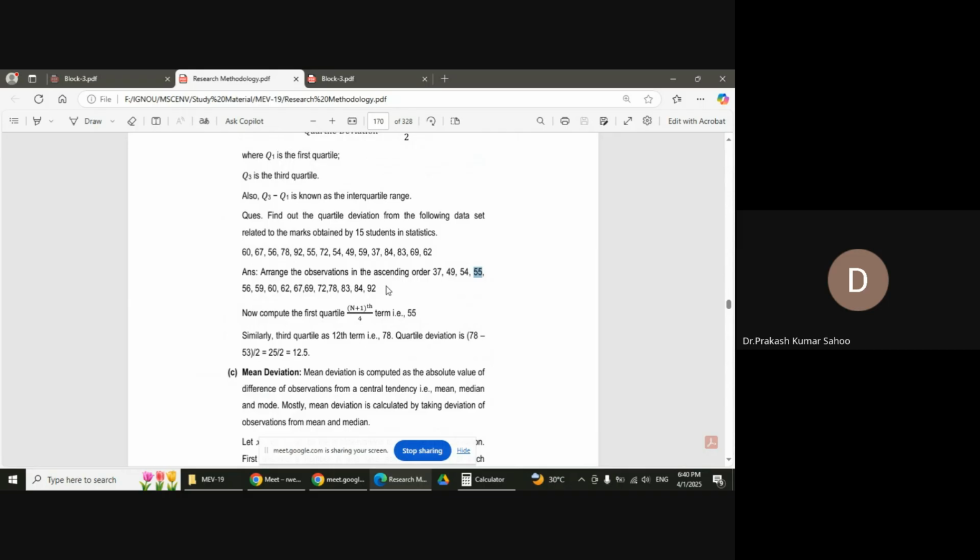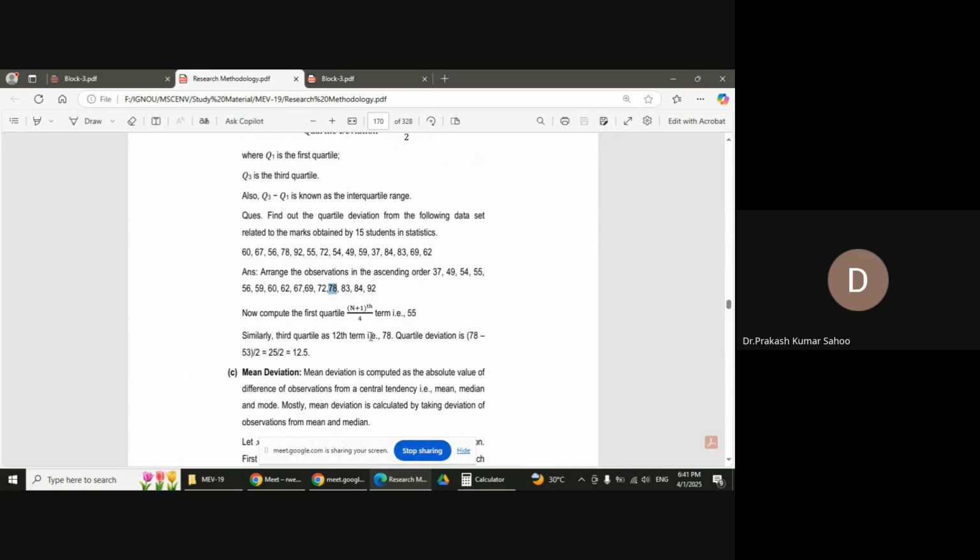So I will show you the third quartile. Third quartile is the 12th term. If the first is 4, then just calculate the 12th term, that is 5 6 7 8 9 10 11 12. That means it is 78. The 78 will be your third quartile. And what is your quartile deviation? It is the third minus first divided by 2.